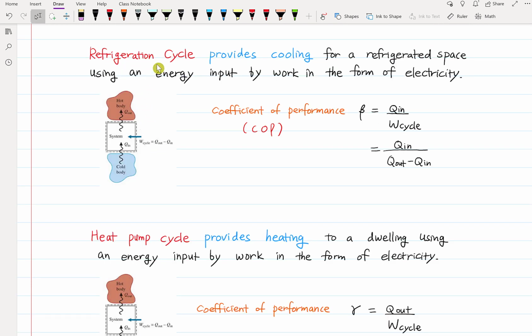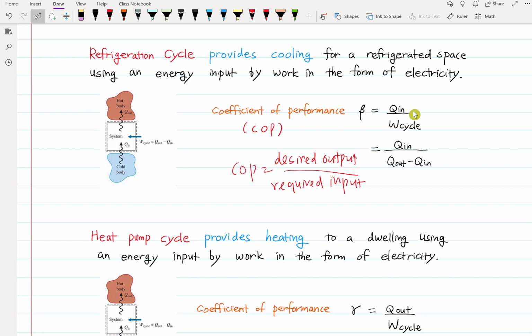The performance of refrigeration cycles and heat pump cycles is defined as coefficient of performance. Coefficient of performance is also expressed as desired output and required input. So for the coefficient of performance for a refrigeration cycle, beta, the desired output is Q in.